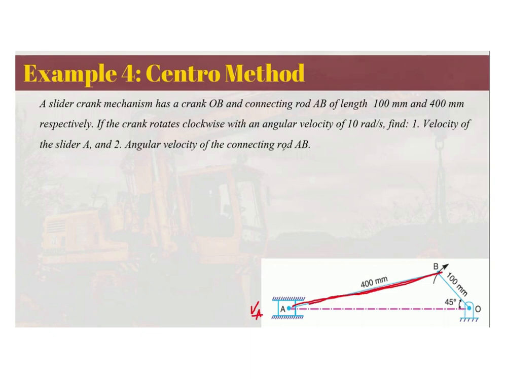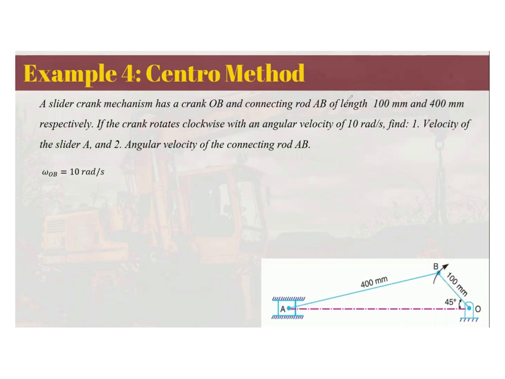So using the same approach of Centro method, we have the given angular velocity of OB. This crank here is given as 10 rad per second in the clockwise direction. It is very obvious that since A is a slider constrained to move along this horizontal, it will also move in that direction. It's just that we don't know the magnitude yet.